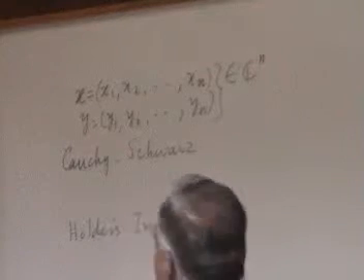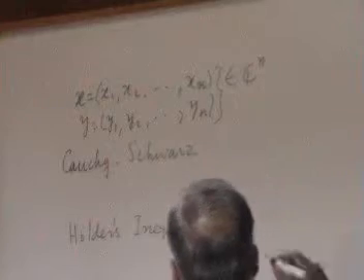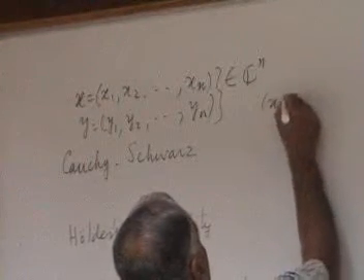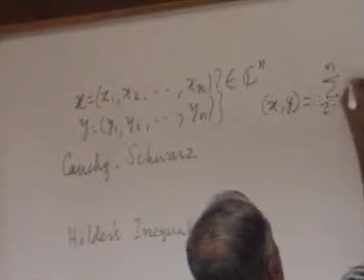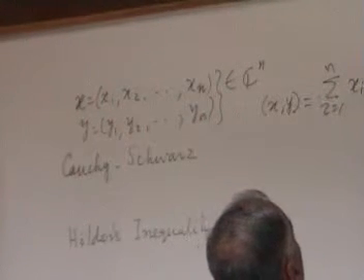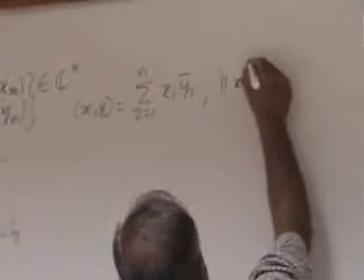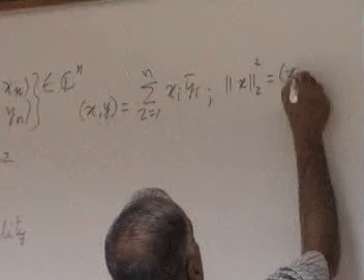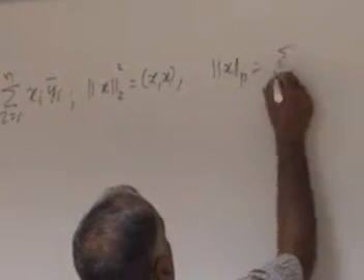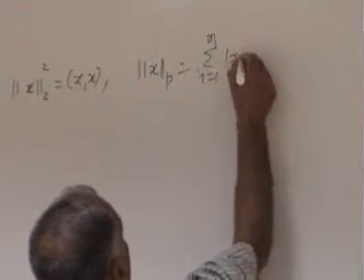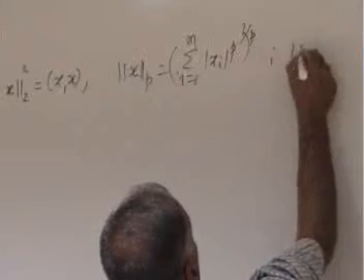So I suppose I had two n-component vectors where the components can be complex numbers, and then we defined the inner product to be the summation i equal to 1 to n of xi yi bar, and the 2-length of x squared to be (x, x), and the p-length of x to be the summation i equal to 1 to n of mod xi to the power p, whole to the power 1 over p, for 1 less than or equal to p.